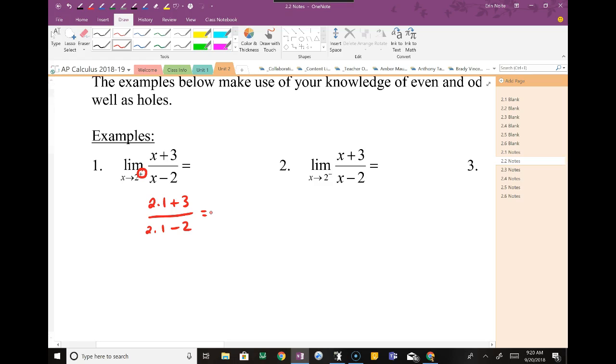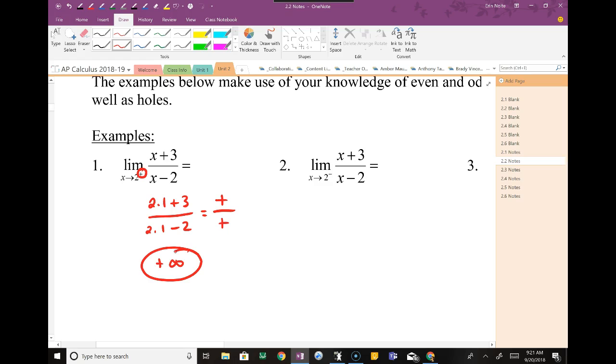If I simplify the top, is it going to a positive number or a negative number? Positive. On the bottom, is it going to be positive or negative? Positive. If I have a positive over a positive, where is this function going from the right side? Positive infinity.